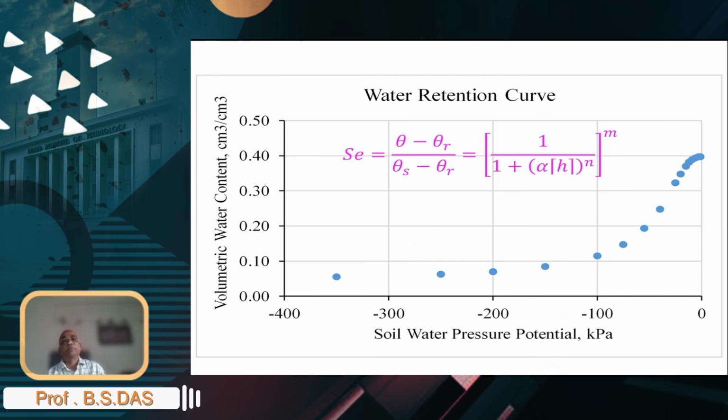And of course, you could have a model such as this, where you can link the relative saturation with the matric potential head. Here, alpha and m are soil-specific constants.